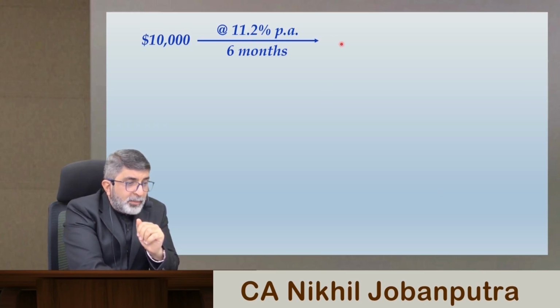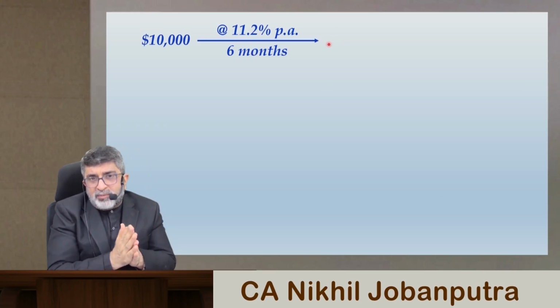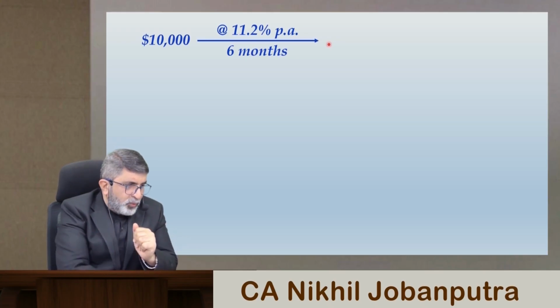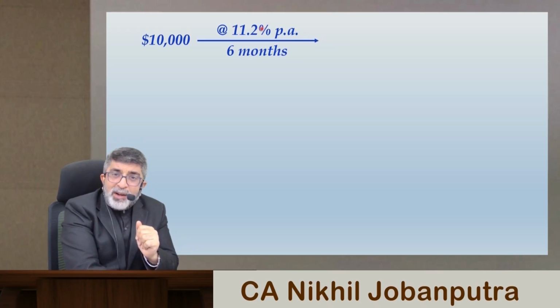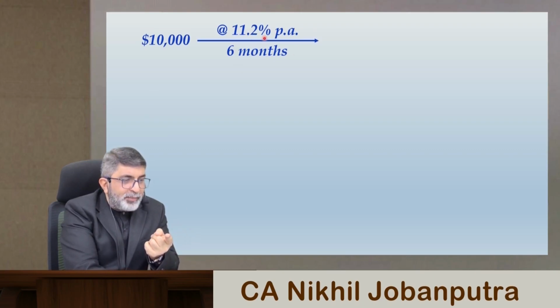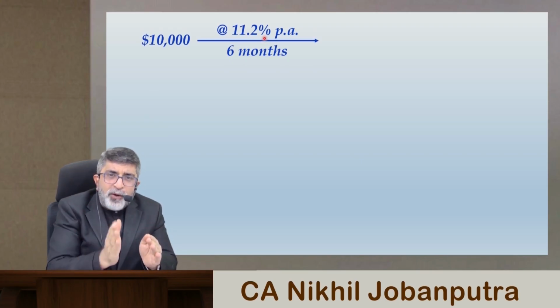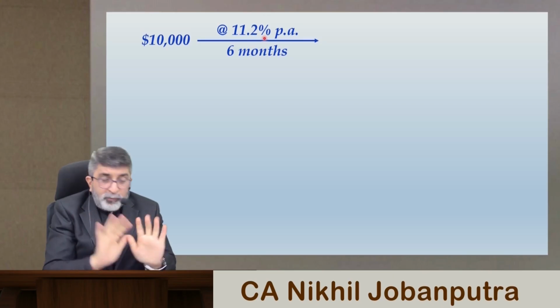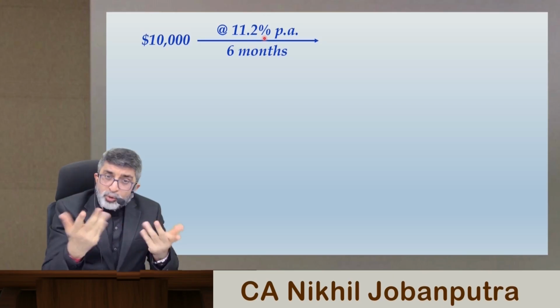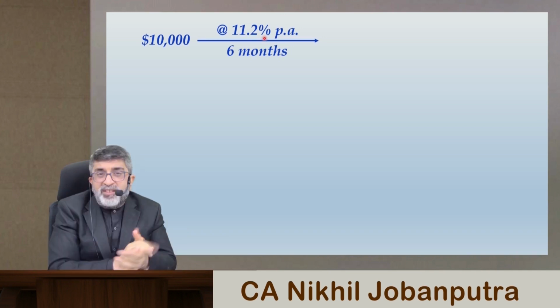So how much will be the maturity value at the end of 6 months? Very simple. If 11.2% is an annualized rate, the periodic rate for 6 months will be 11.2% into 6 by 12, basically half of 11.2%, which is nothing but 5.6.